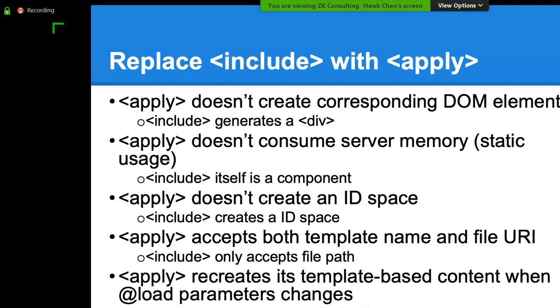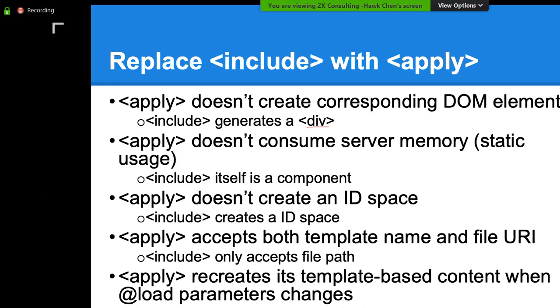The reason is apply doesn't include corresponding DOM elements, because apply is just a control component, so it doesn't render anything to the client side. But include is actually a component, so it still renders a div at the client side. Sometimes a div will break your layout.